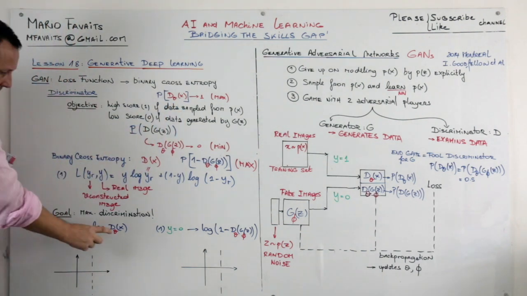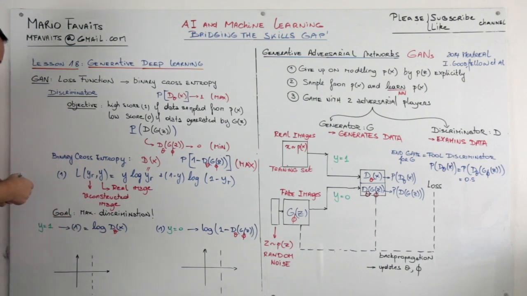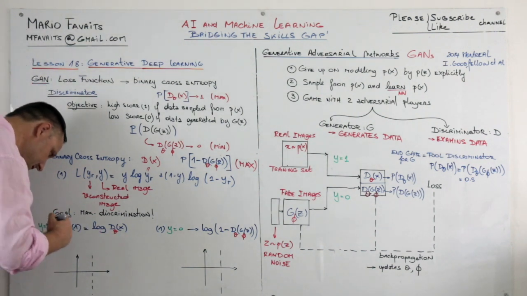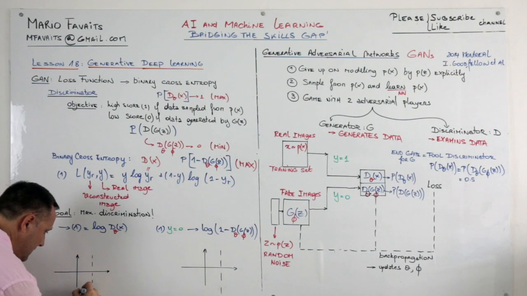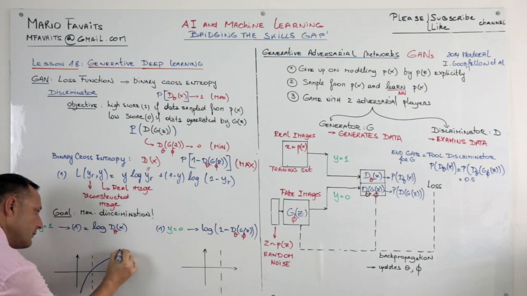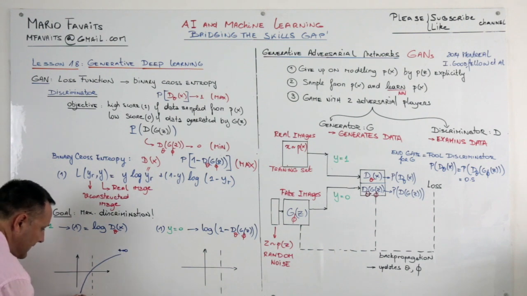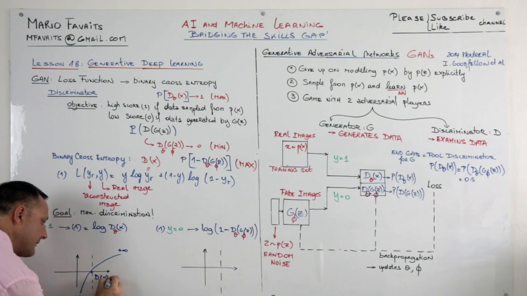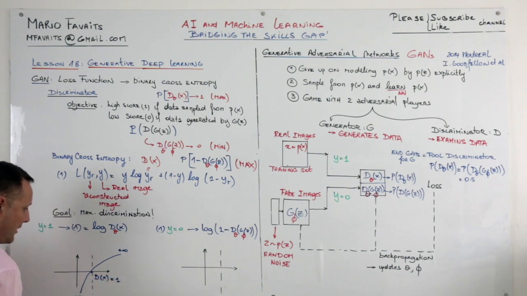Now if you look at how this log looks, it's a little bit like this. So it goes from minus infinity up, and here this point means that d of x equals 1.